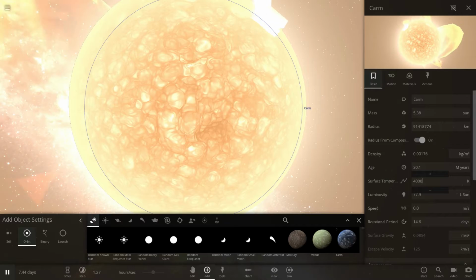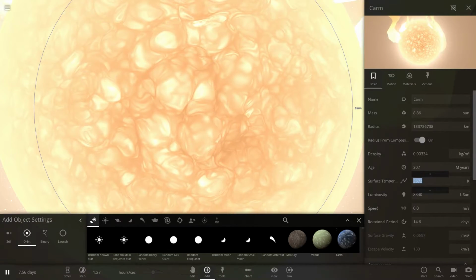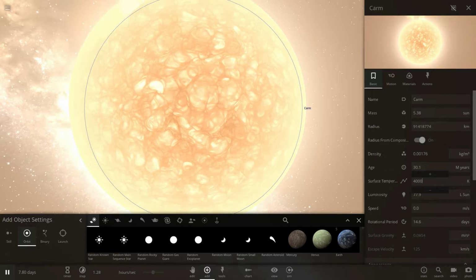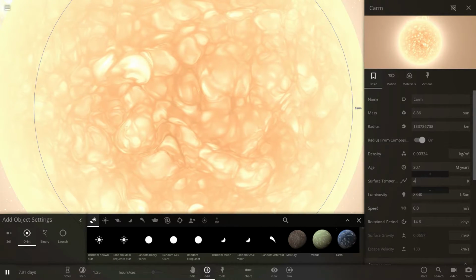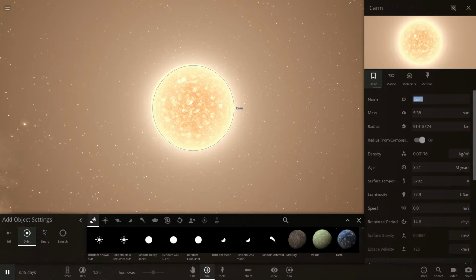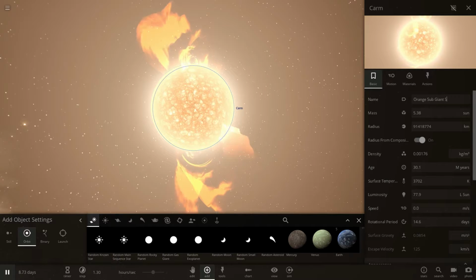So guys, we are getting somewhere. Alright, there you go. What did you get as that? So, orange subgiant star.